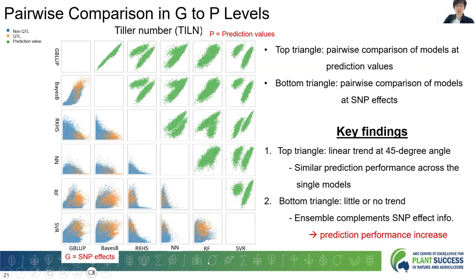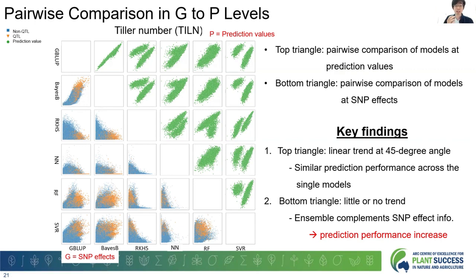The second key finding from the bottom part shows little or no trend here. This is an interesting finding, because although each of the prediction models returns similar prediction performance with the same input data, their prediction mechanisms are quite distinct from each other, estimating the SNP effect in a different way.